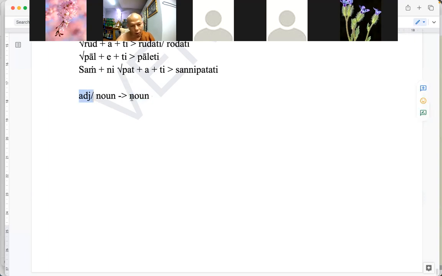Or neuter, the adjective also neuter, or feminine, the adjective also feminine. But for noun to noun, that noun cannot be changed in gender. The case ending is exactly the same, but the gender is never changed.